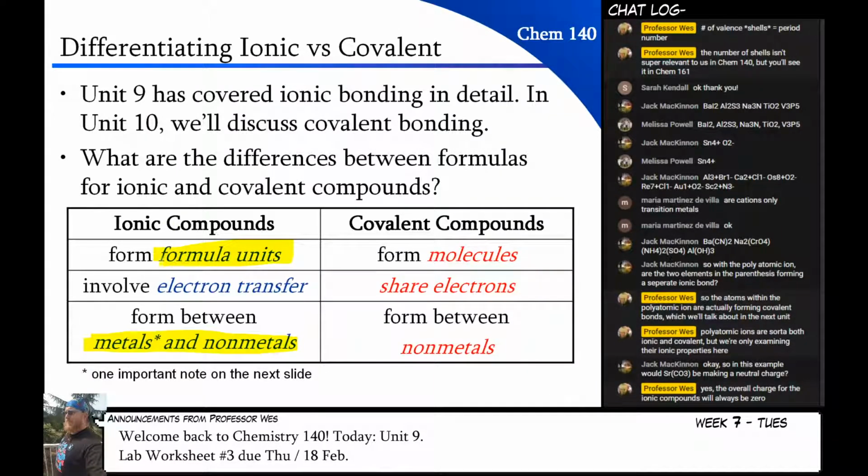Remember how in a lattice, formula units are just the simplest repeating pattern? But in reality, you don't have a molecule of an ionic compound. You have a repeating array of ions that spread out infinitely in all directions, basically. And then finally, we showed the electron transfer at the very end of the previous lecture last week. We move electrons around so that everything gets an octet.